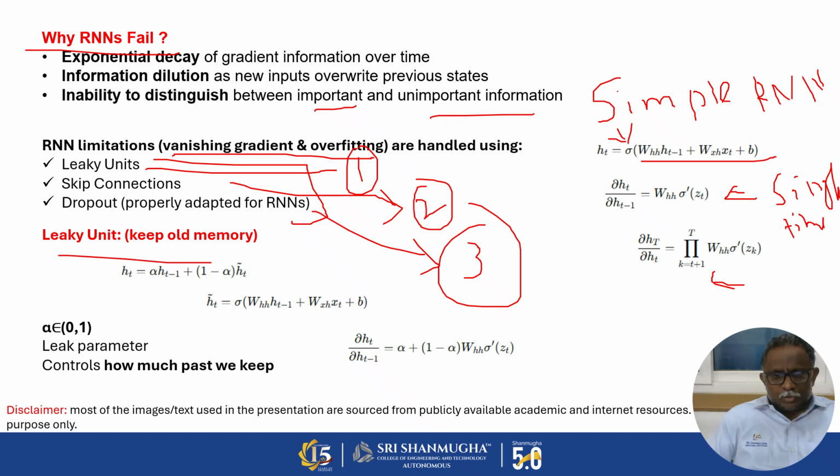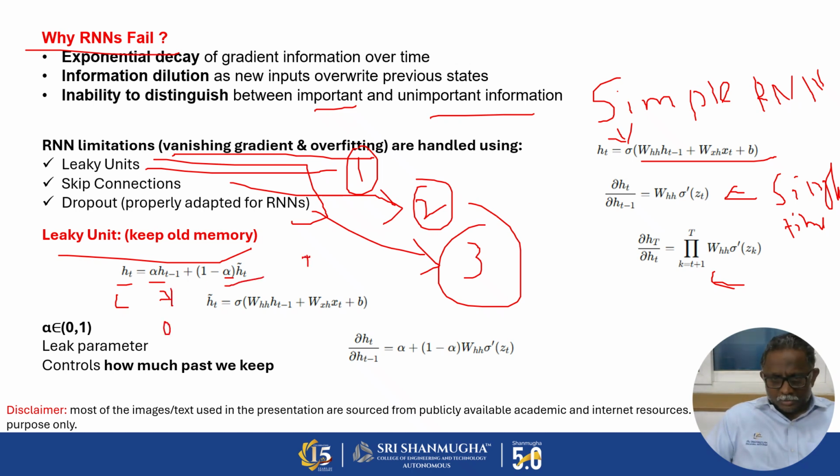So in the leaky unit, what we do is keep some parameter called the leaky parameter, and that takes care of how much old information has to be kept. So that controls the unit. Basically, if you look at this, this is for the current memory, this is for the old memory, and this is for the new information.